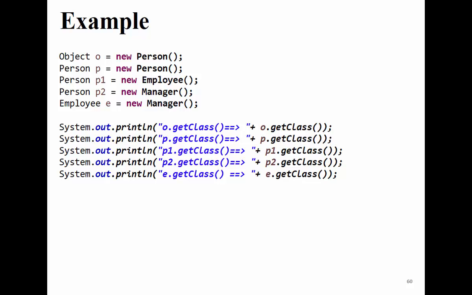So here is an example, the same thing: O, P, P1, P2, and E. Now, O is a new Person. When I say O.getClass, what should I see? Person. P.getClass, Person. P1.getClass, be careful. getClass returns the class name used with the new operator.